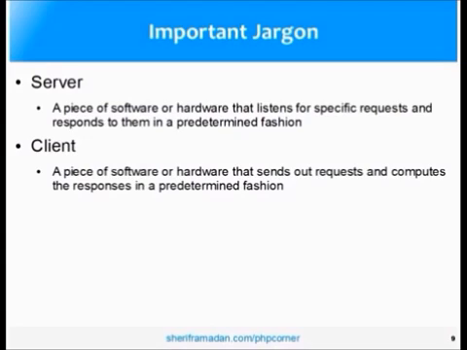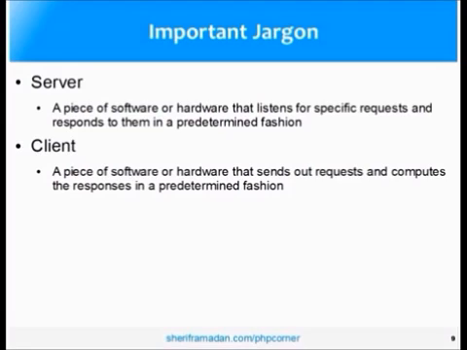A client is also either hardware or software based, and it sends out requests, and then when the response comes back, it computes these responses in some manner that we already have an expectation for. So there's this relationship whereby clients and servers are constantly communicating with one another.